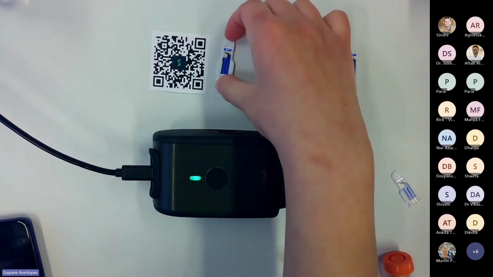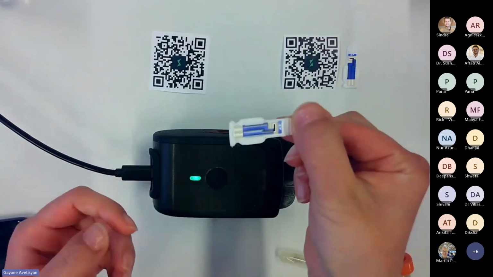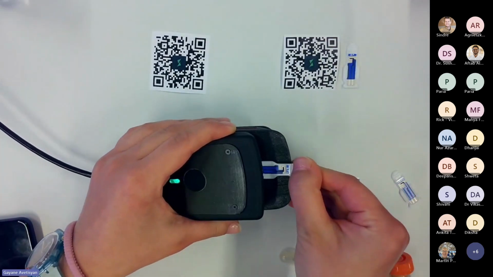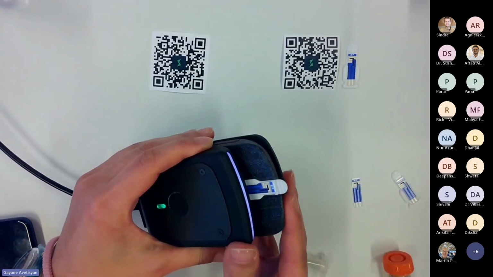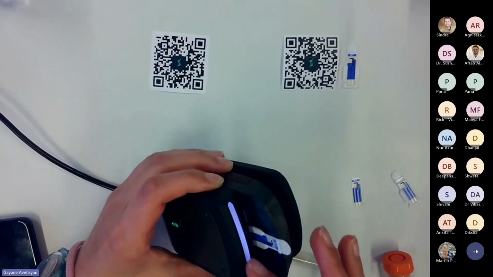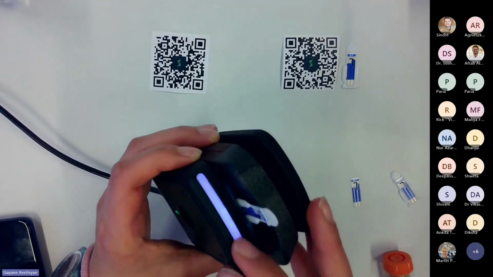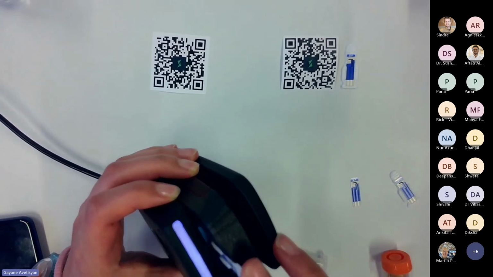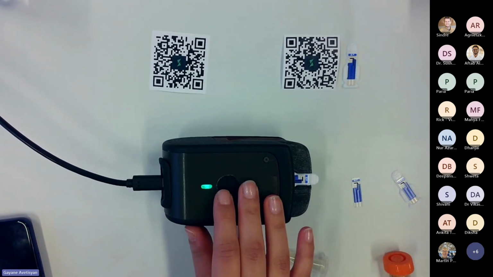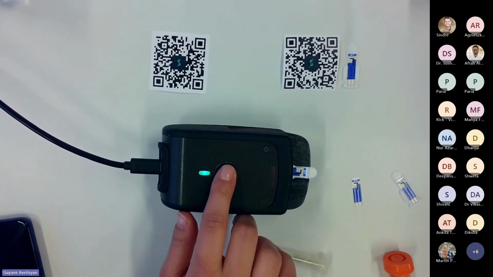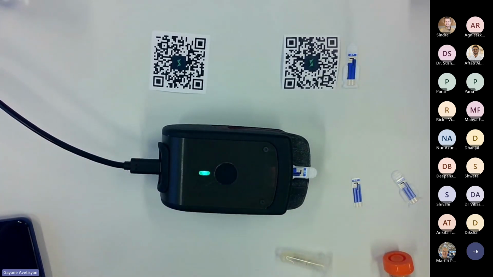I'll put the chili cartridge inside the device, and then all I need to do is click this up to connect the sensor with the pins on the top part of the device. The device is already connected. I press the button for 2 seconds and I see the green light, which means it's connected.